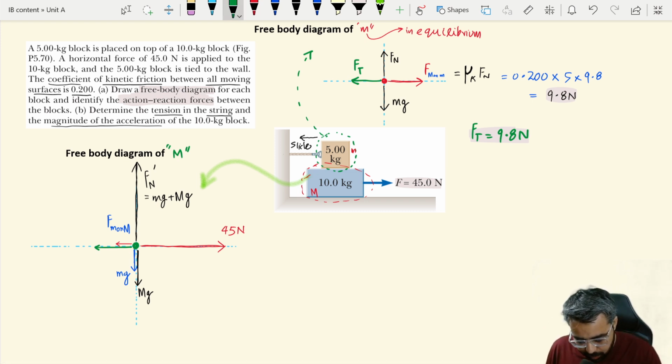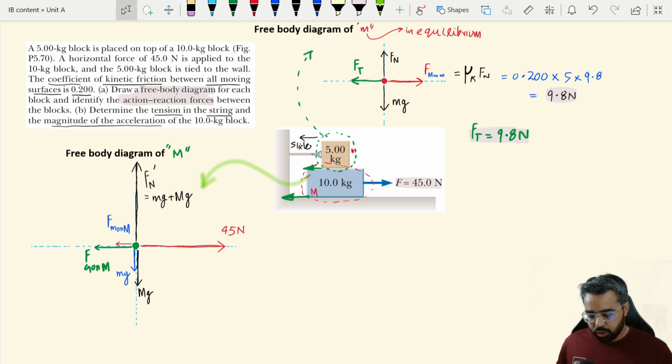Whereas this force is also a force of friction, which is applied by the ground on the big M, in this direction. You understand? So how many forces in total are exerted on the 10 kg? So 1, 2, 3, 4, 5, 6 forces.